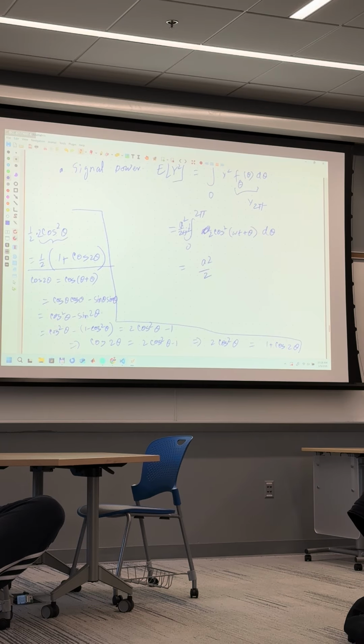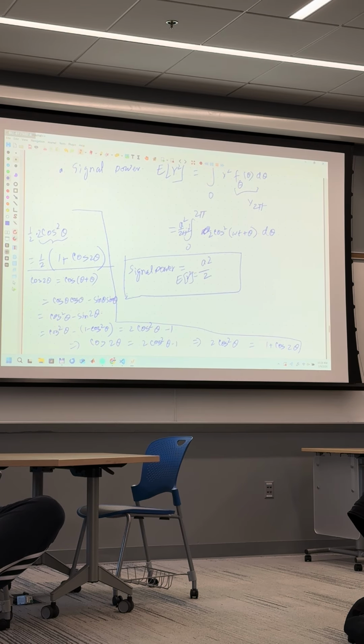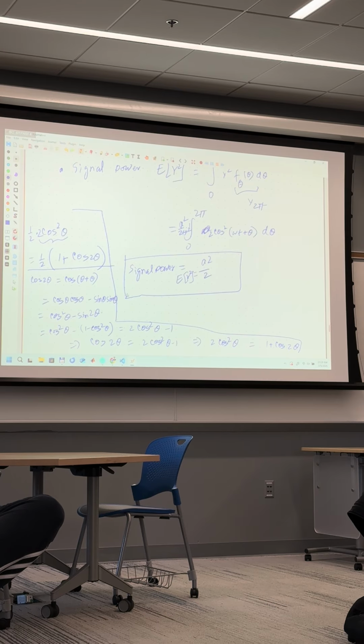So the signal power, E of y squared, equals this A squared. So that's the final answer. Yeah, the author also skipped many steps, but this trigonometric identity, you should know this from Calc 1. But if you just practice a little bit, you guys will recall these formulas.